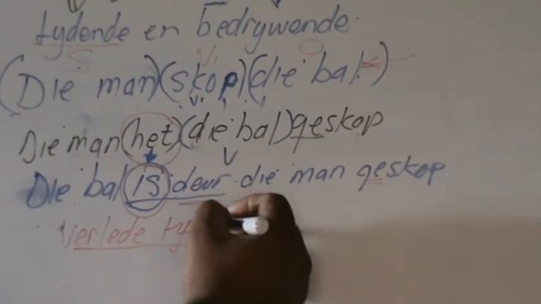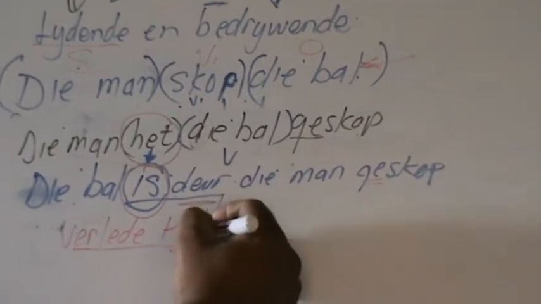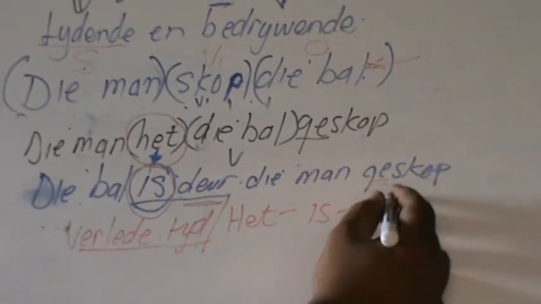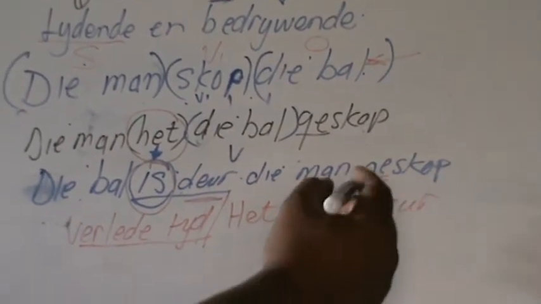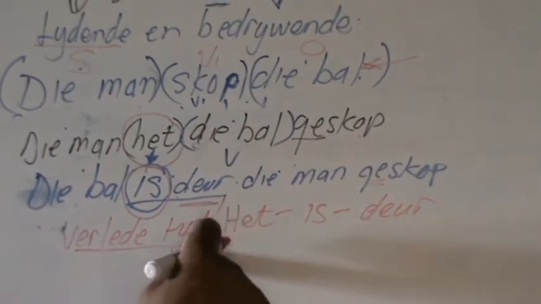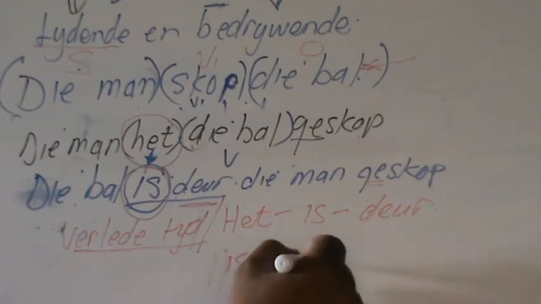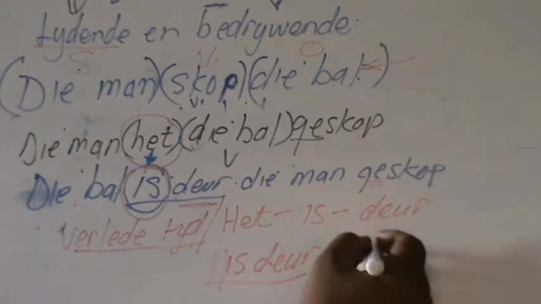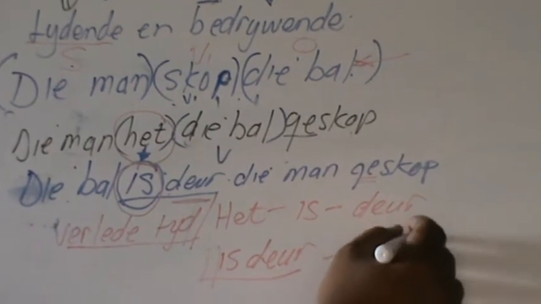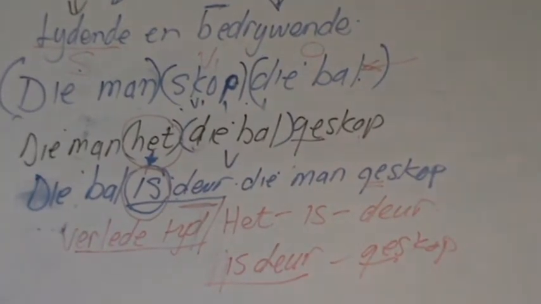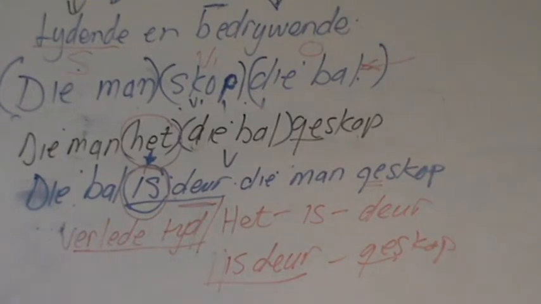Past tense, het changes to is and then followed by deur. Right? So there will always be, it changes to is and is has to have deur next to it there, and then at the end your verb obviously has geskop. Right? Ge connected to your verb. Okay, that's the easiest way of handling lydende, bedrywende vorm.